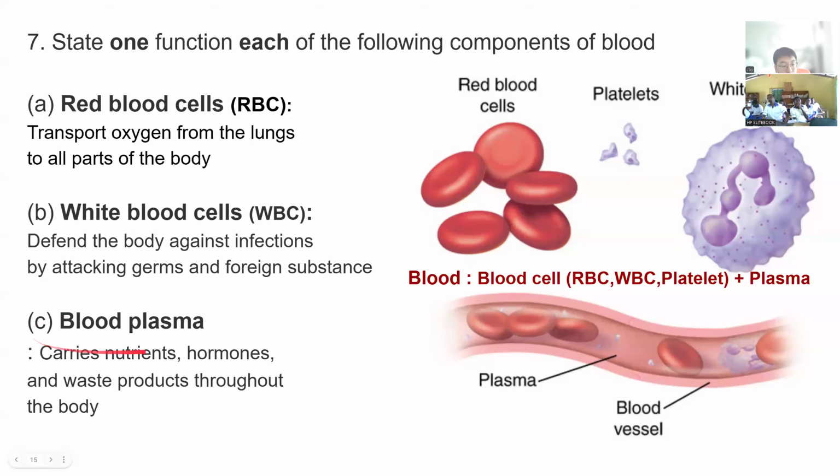Finally, the blood plasma carries nutrients, hormones, and waste products through the blood as it flows throughout our body. So these are the three main components of the blood.